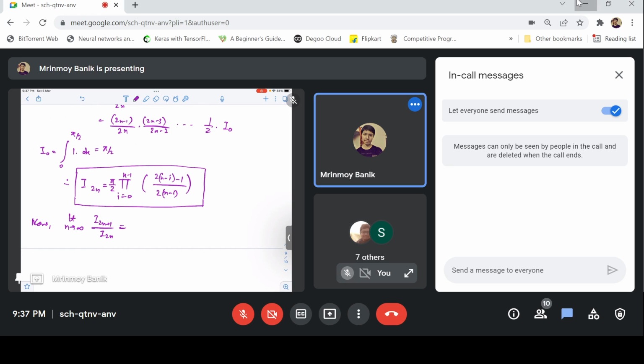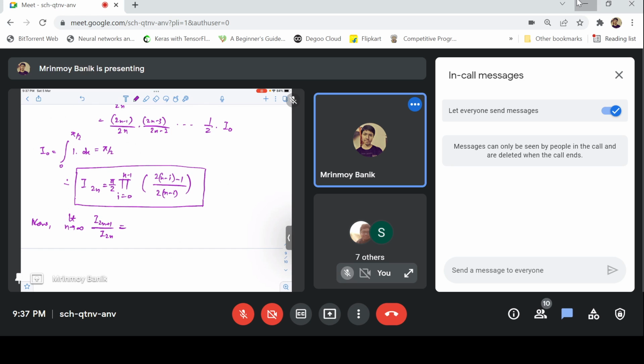So this is less than or equal to, and yeah, we can divide this by I_n instead. So I_n/I_{n+1} is less than or equal to 1.